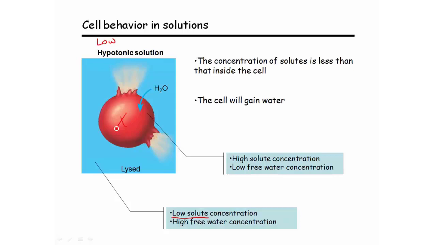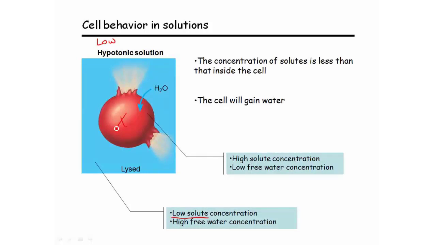And the cell membrane is kind of stretchy, so it can stretch and accommodate some extra water. However, if the concentrations are too different on the two sides of the membrane, then it would take a lot of water moving into the cell to actually get to that equilibrium point. And the cell membrane can only stretch so much without bursting.